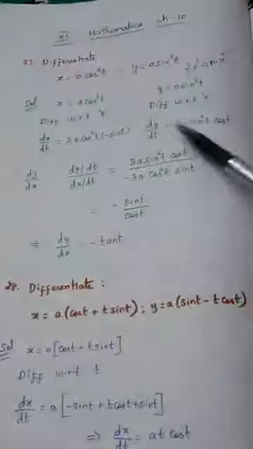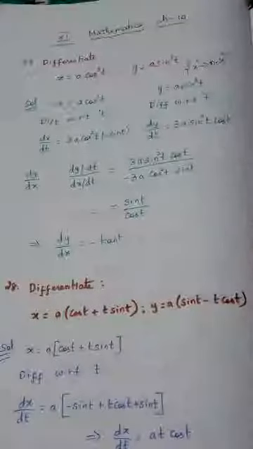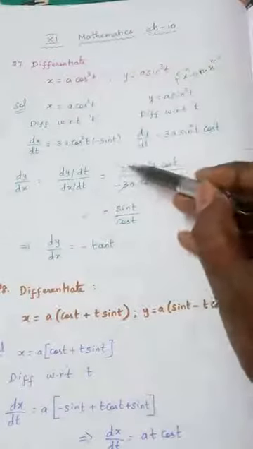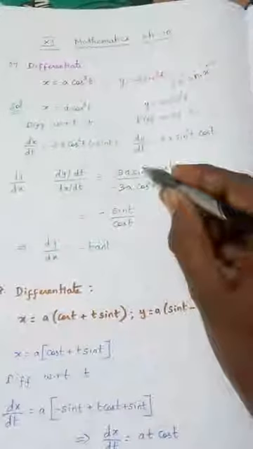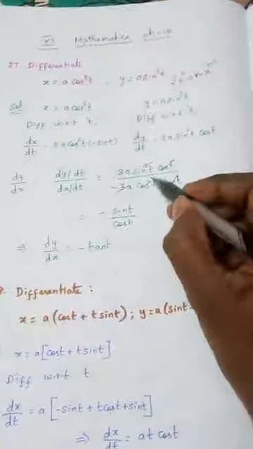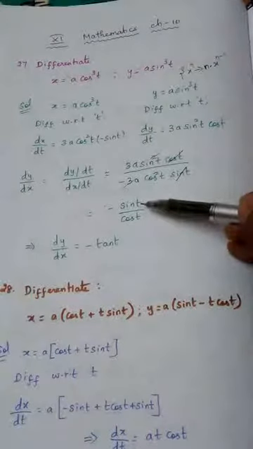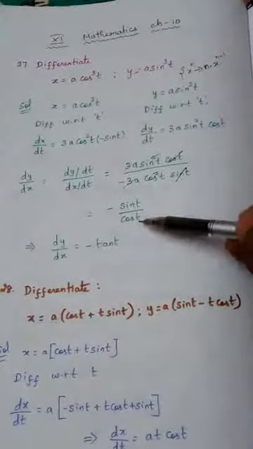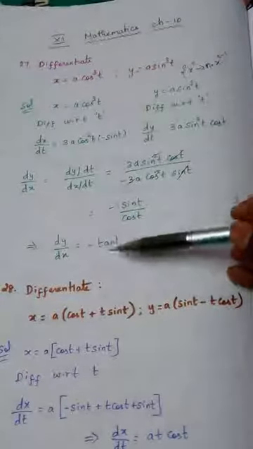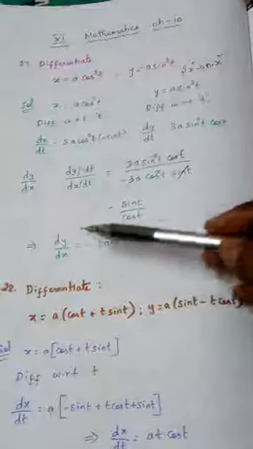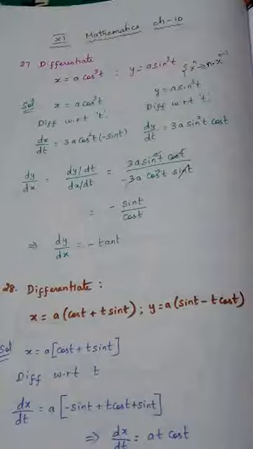So write the dy by dt value and the dx by dt value, and 3a gets cancelled, and for sin t, 1 power will go. Similarly for cos t, 1 power will go. So only sin remains in the numerator, cos remains in the denominator, and this minus sign is written. Sin by cos you know very well is tan theta. So minus tan t is the answer for dy by dx. Hope you understand this method of differentiation, right?